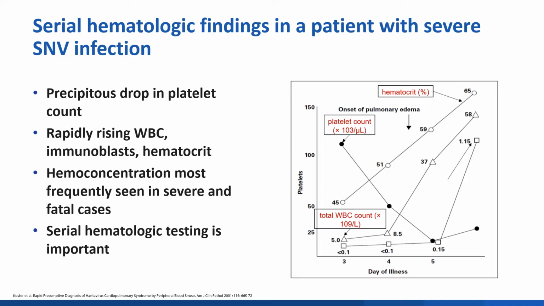As the patient progresses through the cardiopulmonary phase, we can also see a rapidly rising white blood cell count, which eventually includes immunoblasts, and a rapidly rising hematocrit. Hemoconcentration is most frequently seen in severe and fatal cases. As you can see, serial hematologic testing is important in order to identify potential indicators of worsening clinical disease.